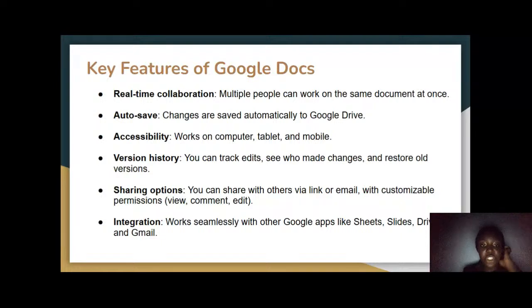Then version history, you can track edits. You can see who made changes and restore old versions. Sharing options, you can share with others via link or email with customizable permissions. So you can share with people, you can either send it as a link or you can add their mails and with customizable permissions.